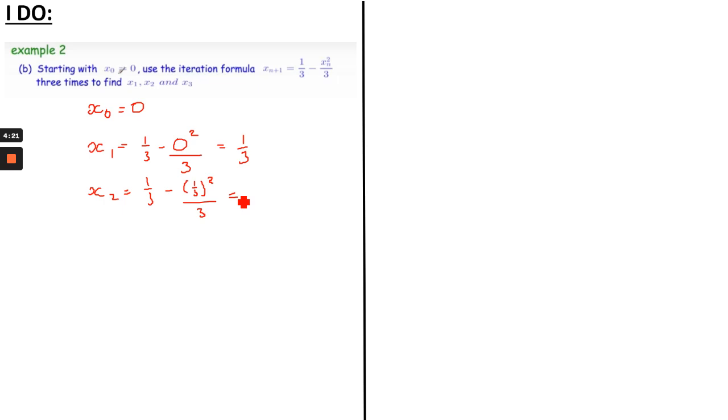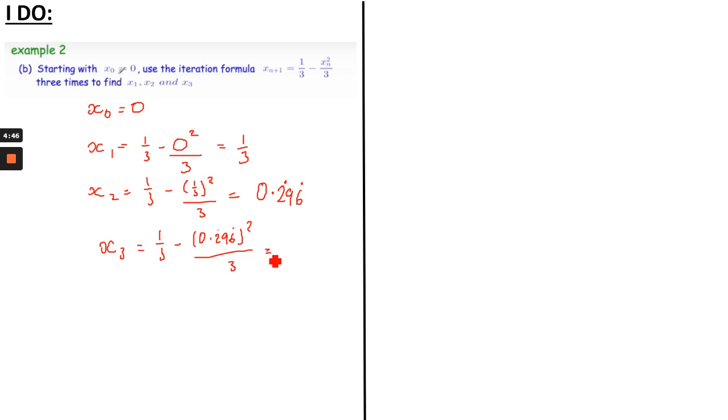So we've got 1/3 minus, I'm going to put that in brackets, 1/3 squared over 3, which is going to give me a value of 0.296 recurring. And then my next number is going to be a third minus 0.296 squared over 3.